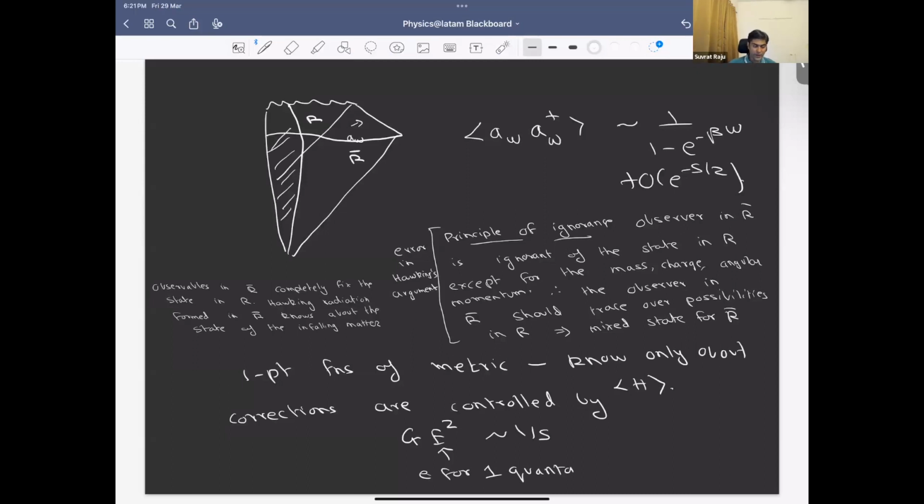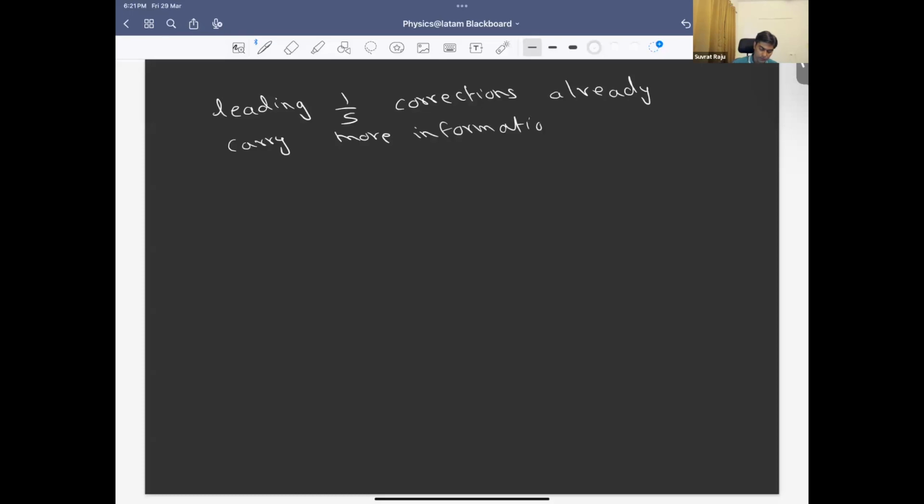So if you look at 1 over S suppressed corrections, let me now go to the next page. So leading 1 over S corrections already carry more information. This is kind of obvious, in fact, if you think about it.